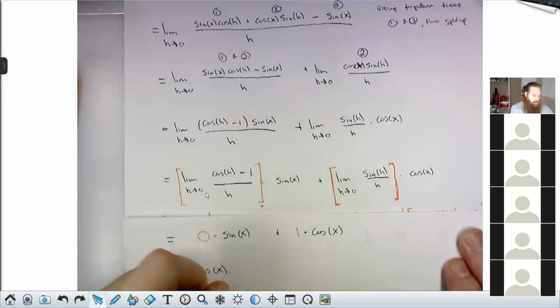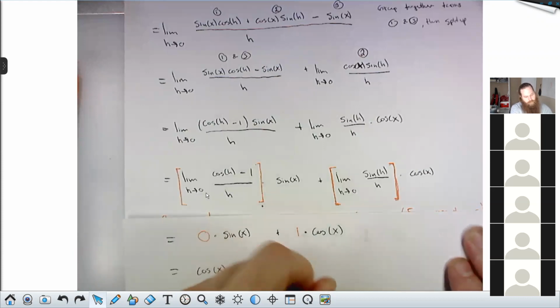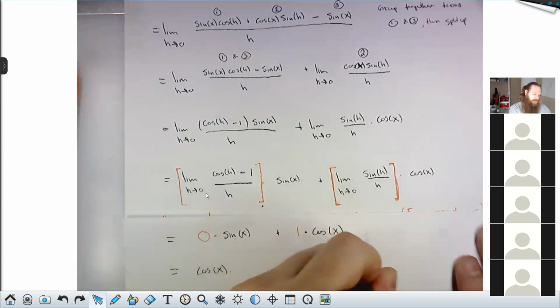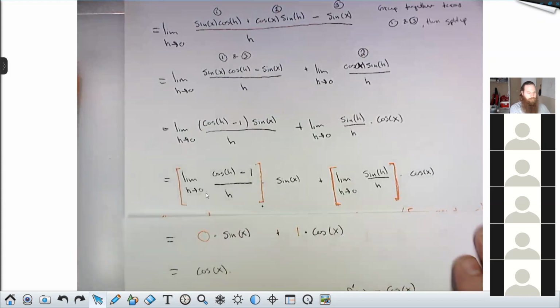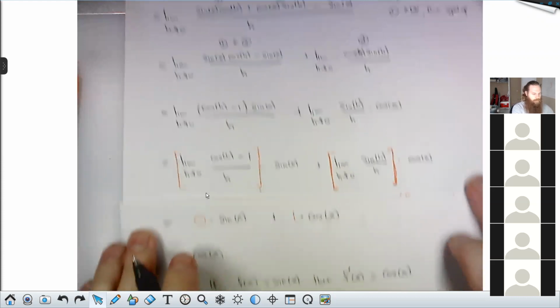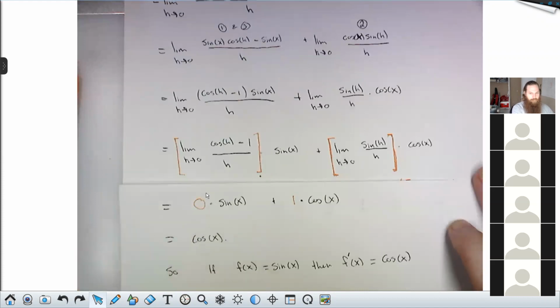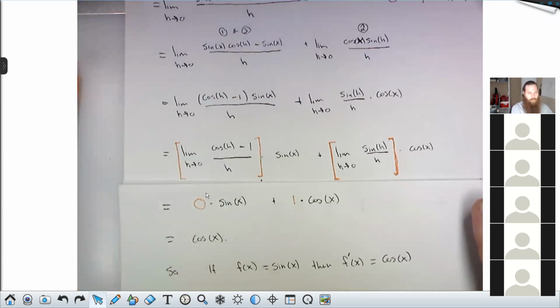So if f of x is sine of x, then f prime of x is cos of x. That's what we've learned here. In other words, the derivative of sine is cosine.